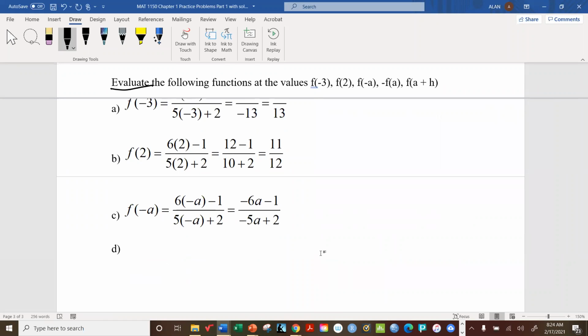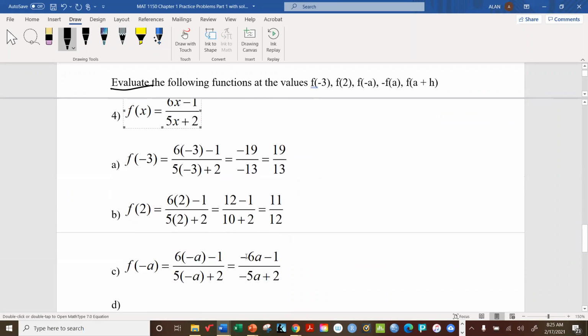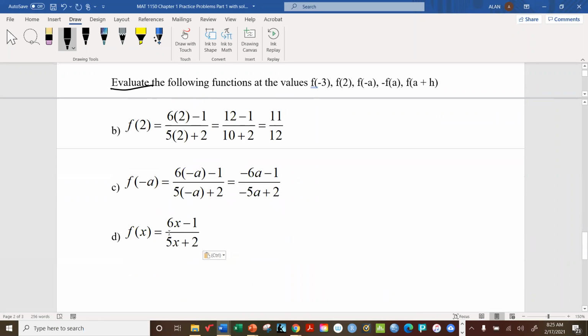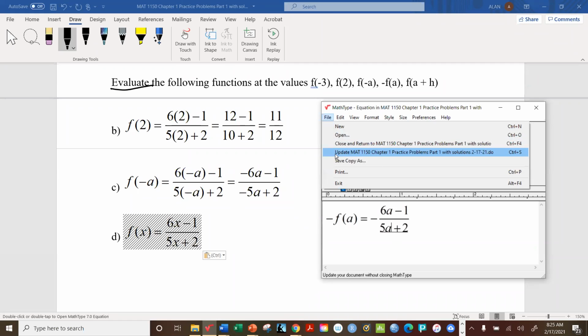D. This is the negative f of A. Okay, the one we have to watch out for. So we'll put the negative here, and then each of these x's becomes an A. Now this one is done. There isn't anything we can do with it.